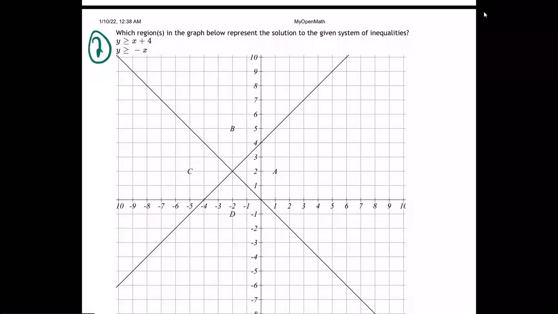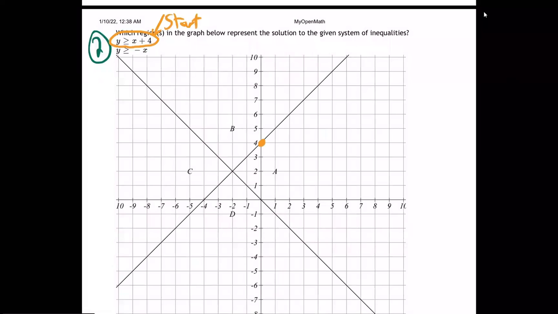Well, first off, let's figure out which line is which equation. I'll take this one, y greater than or equal to x plus 4. Which one's that? You can tell by the 4, that's this one. It starts at 4. Remember, the number off to the right is where you start.